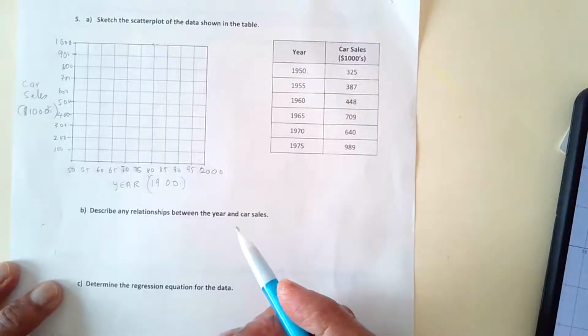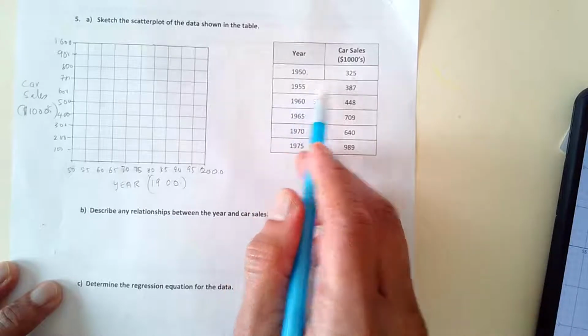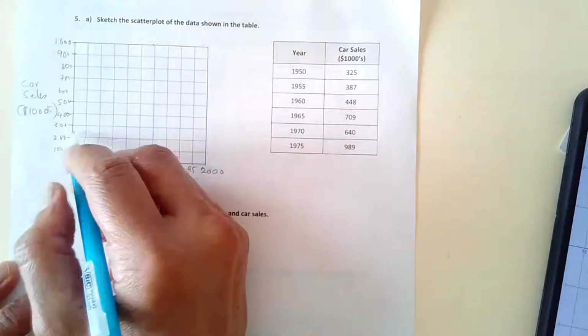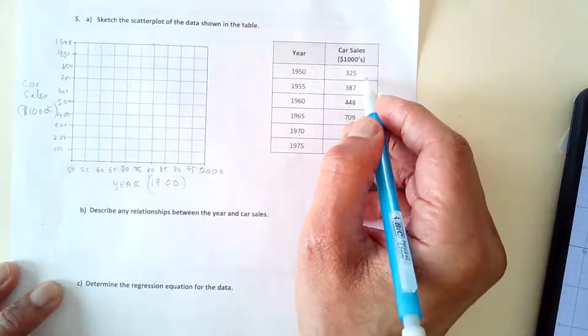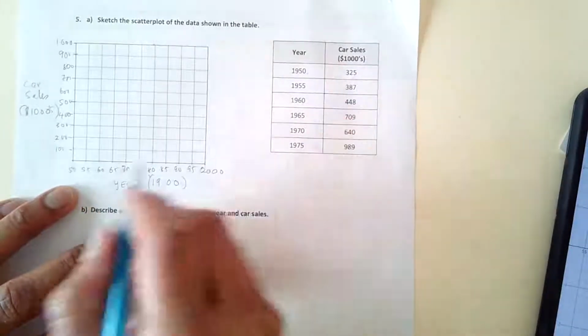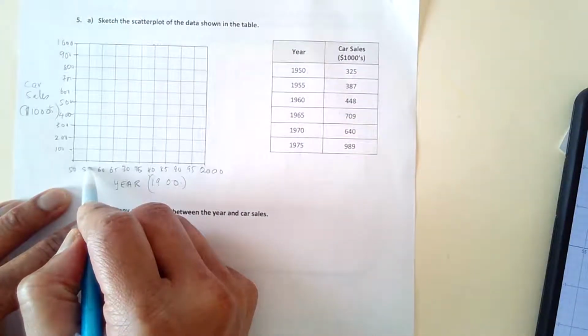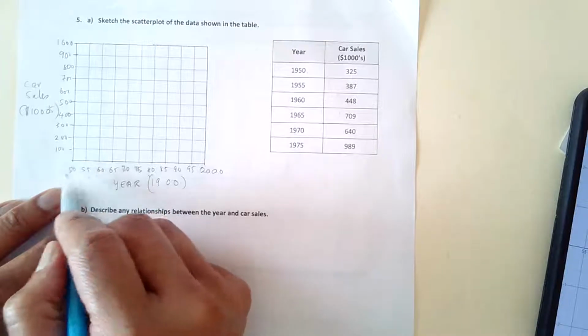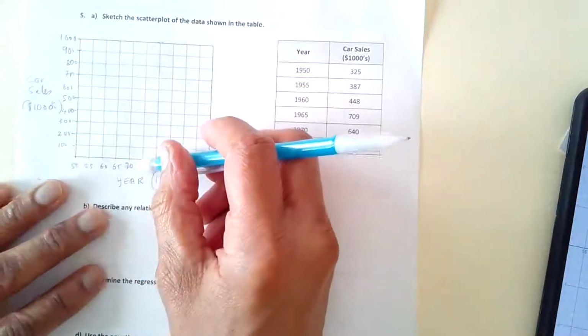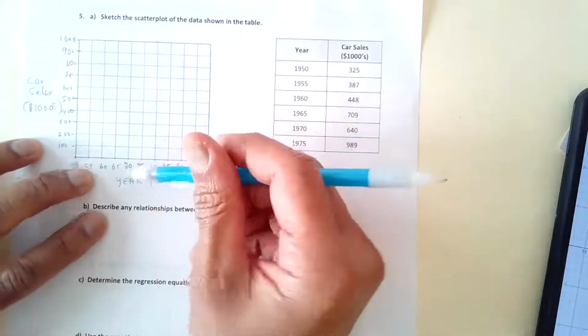So we start from 1950, 325. Okay, so 325, etc. So notice I probably would like to start earlier than 1955. So I'll change my scale to maybe up to 10.